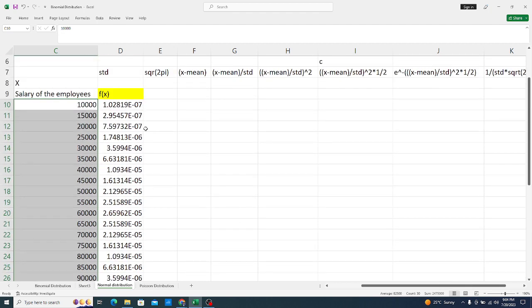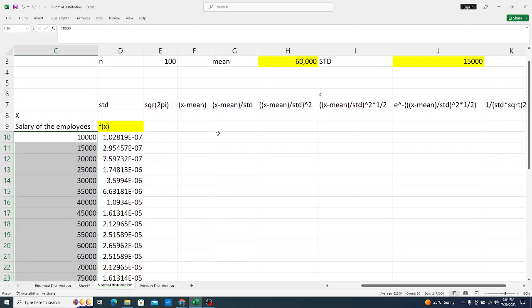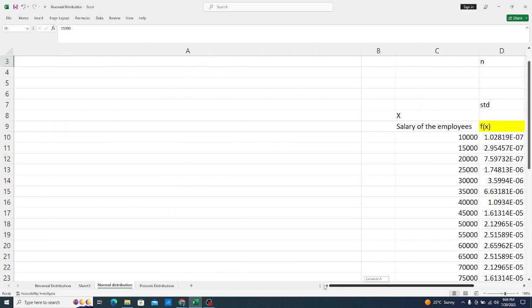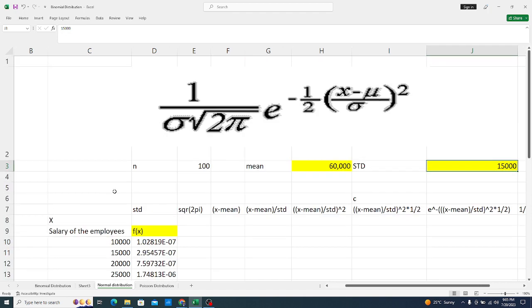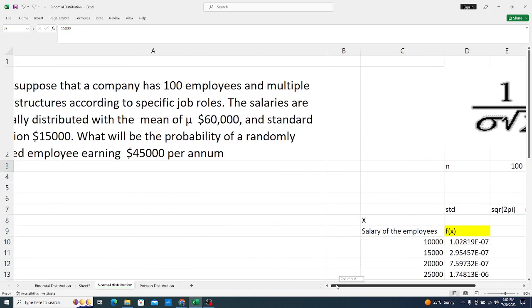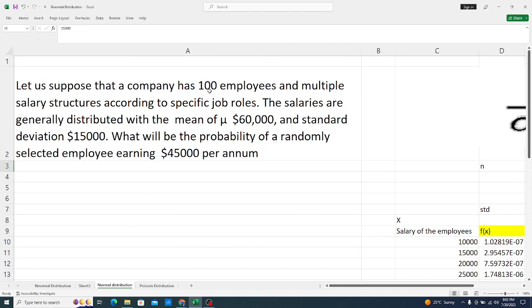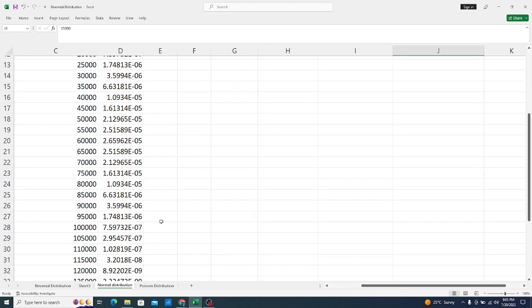Does it mean we are using the wrong mean and the wrong standard deviation? But let's not assume that, because we are already given the standard values.